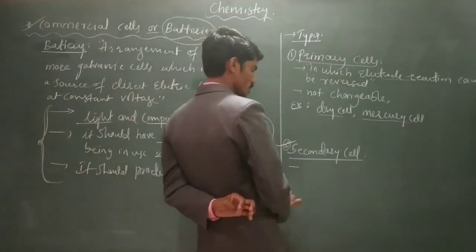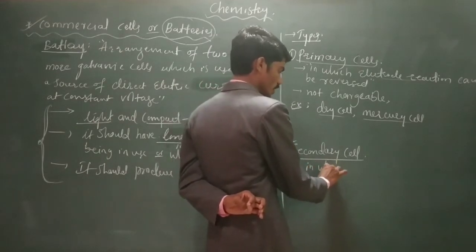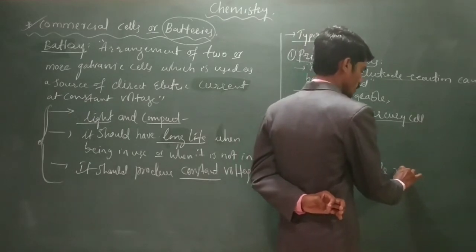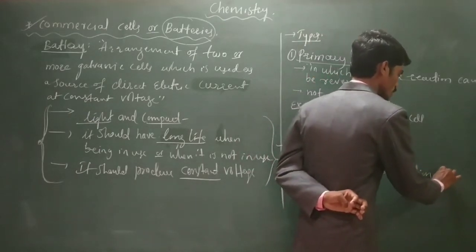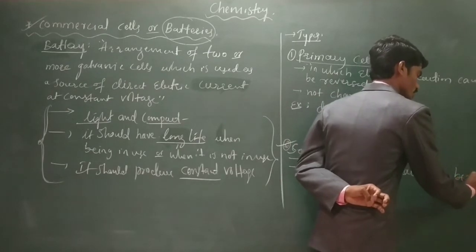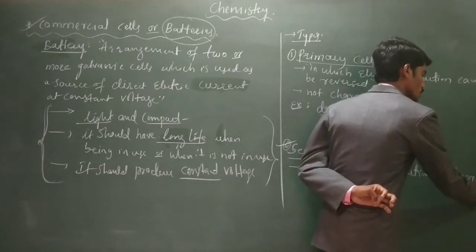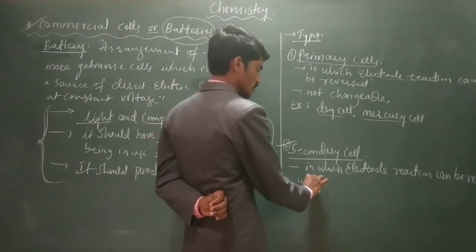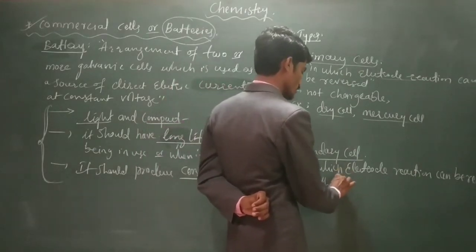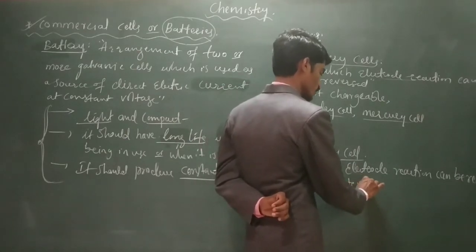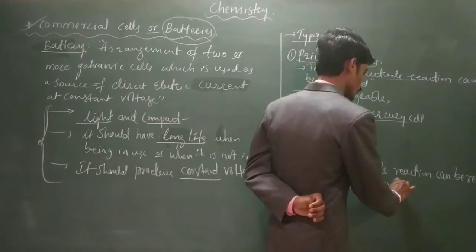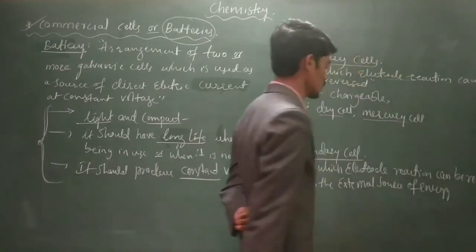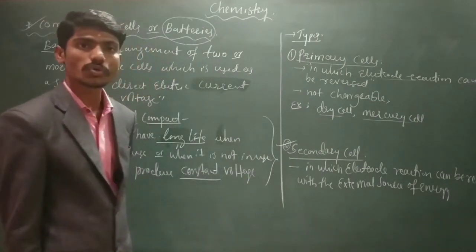Whereas secondary cells are those cells in which electrode reactions can be reversed with an external source of energy. With the external source of energy, we can change the electrode reaction.